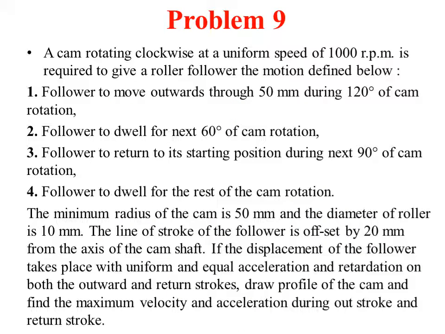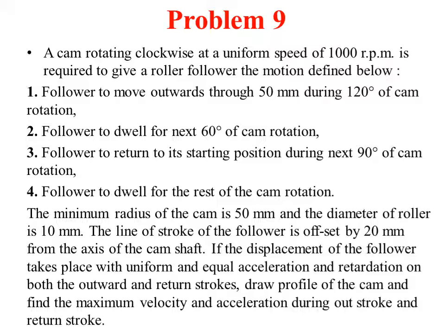Next, we need to draw the profile of the CAM. So here, the type of follower we know is a knife edge. As this is a knife edge, there is no pitch, there is no prime circle. Remember, we need to draw a prime circle if the type of follower is roller type.